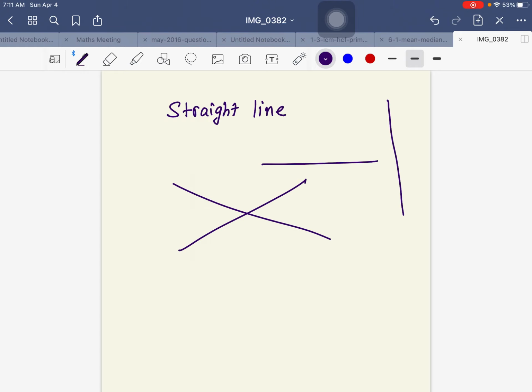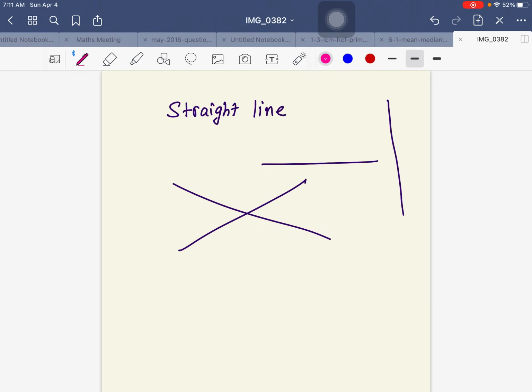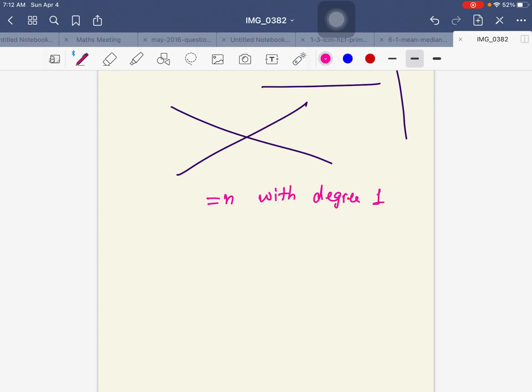So when we talk about a straight line, basically we are talking about an equation with degree 1. That's very important. So if I write one equation here, say x squared plus 2 equal to say 9x.